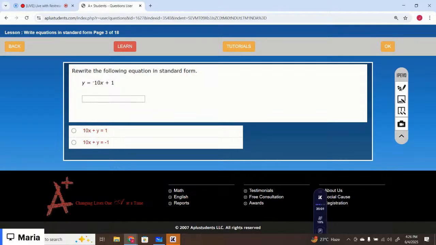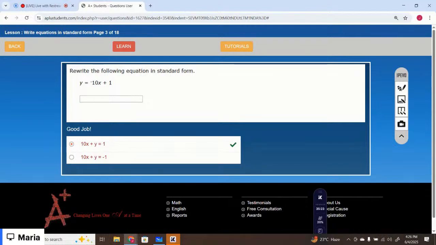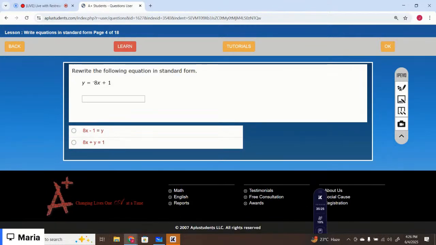Rewrite the following equation in standard form. That is y plus 10x equals 1. Option number one is the correct option. Rewrite the following equation in standard form.